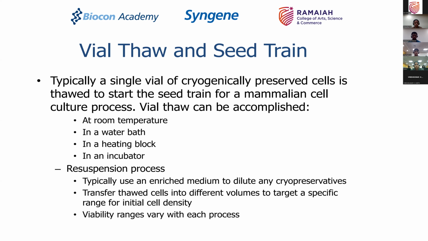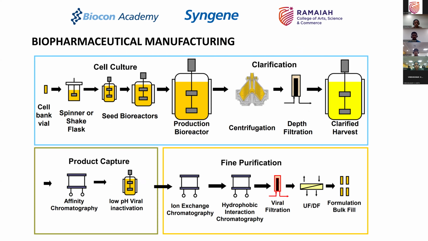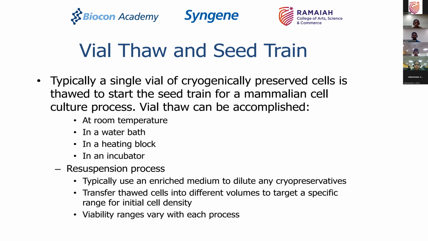Without achieving the cell density, if you try to send it to the seed bioreactor, then what will happen is that it may not be able to grow as fast and in the time and the density that you wanted. So it is important to get the density right at this stage. This is measured through spectrophotometric analysis or microscopic analysis, or microbiological processes, or sometimes both. So this is to achieve an initial cell density.